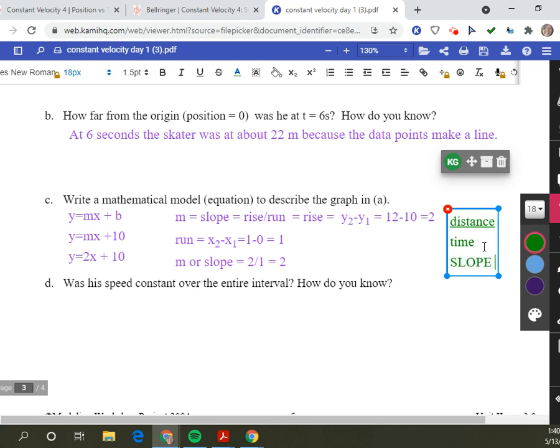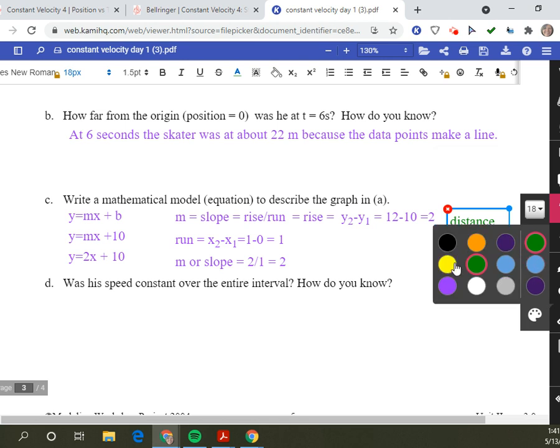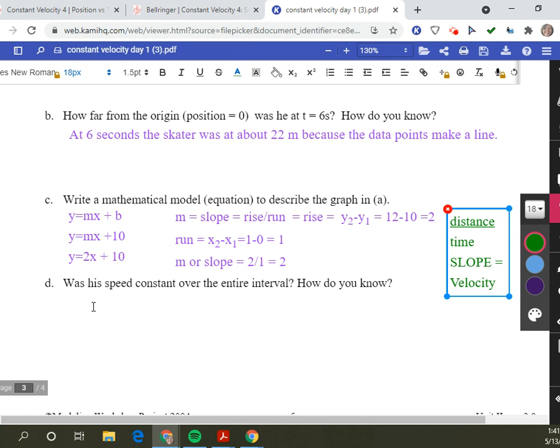Slope equals velocity. Slope equals your speed. I mean, in this case, it's a velocity because we have a direction, but slope is velocity. It's a lot of work, but we're going to actually use that math stuff for something. All right, now, let that sink in for a second.